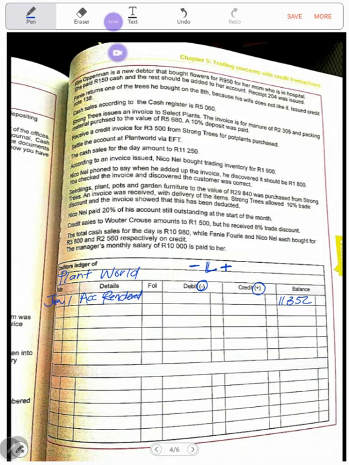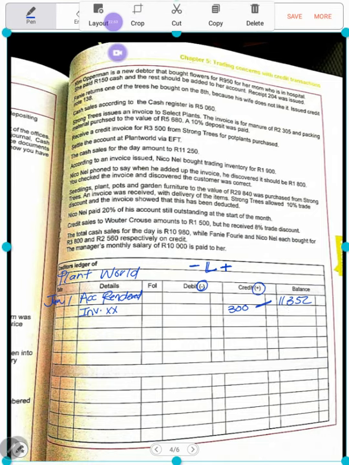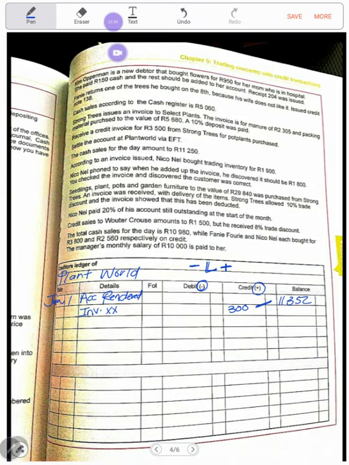For example, if I take more goods on credit from Plant World, I'll say invoice and the number, and I'll put 300 over here. Then I'll update my balance by saying now 11,352 rand plus 300 is going to be 11,652 rand.